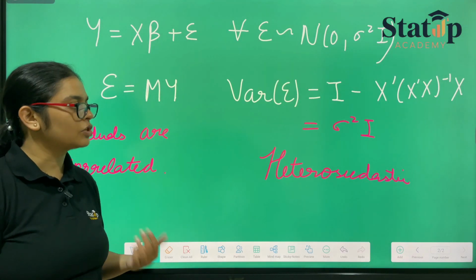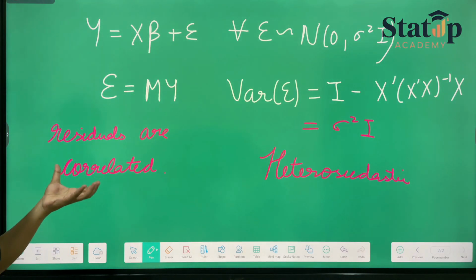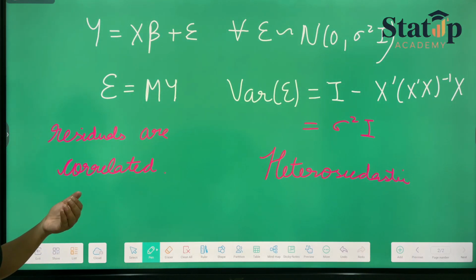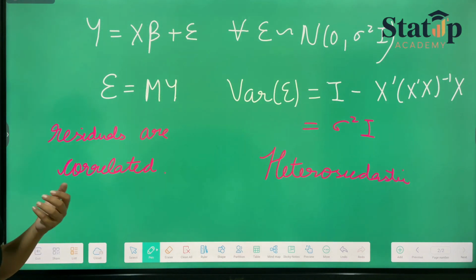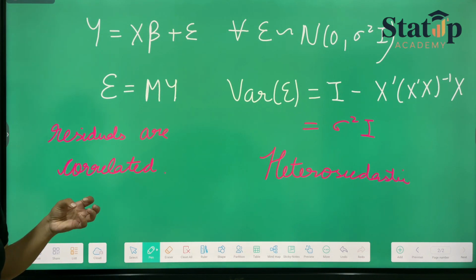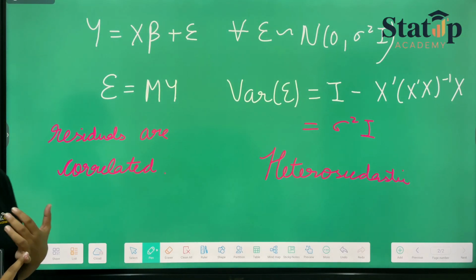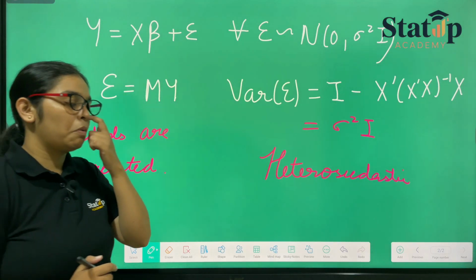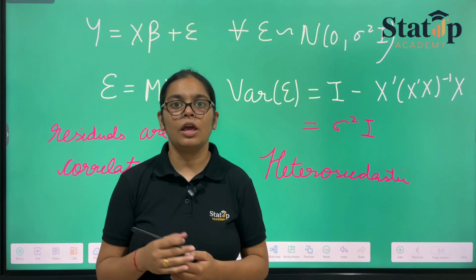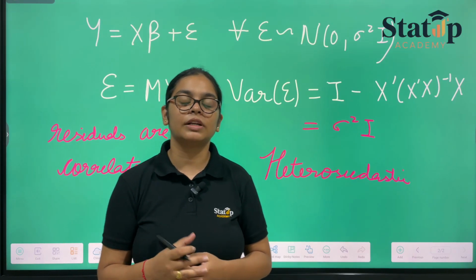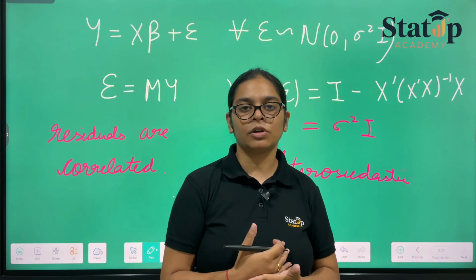For solving this problem, we will substitute this model with another error term, mu. Let us take mu, whose expectation will be 0, and variance of mu will be sigma square I. So what do we do? Suppose we have n observations, and out of n observations we will take out k observations that are correlated. So we are left with n minus k observations.